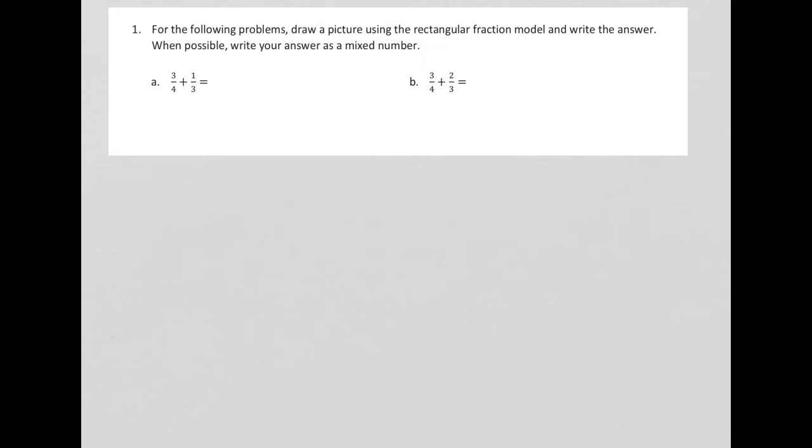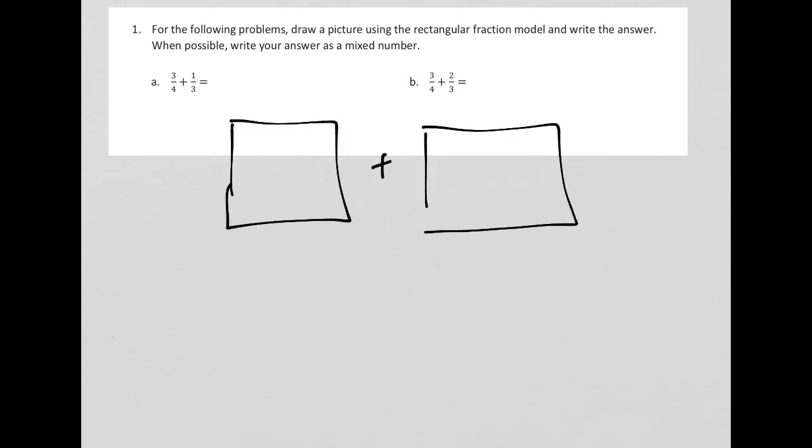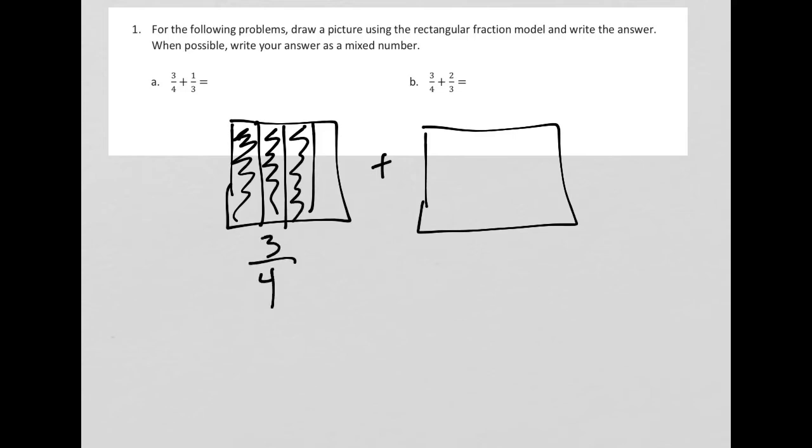Let's look at B. 3/4 plus 2/3. So again, rectangular fraction model to represent the problem. 3/4. We're shading in 3 of them. And 2/3, we're shading in 2.